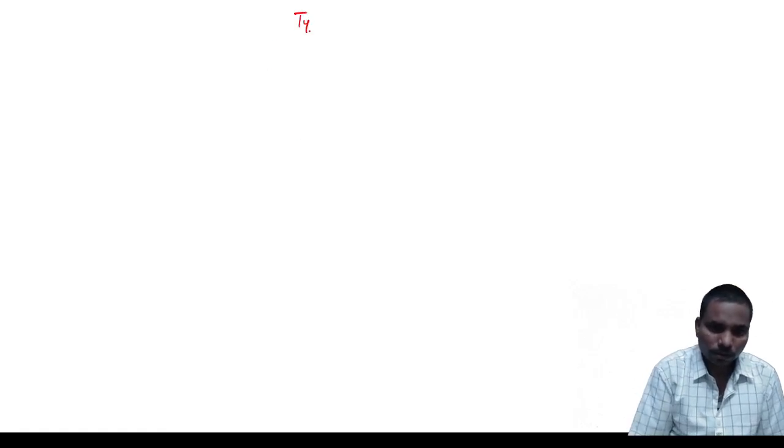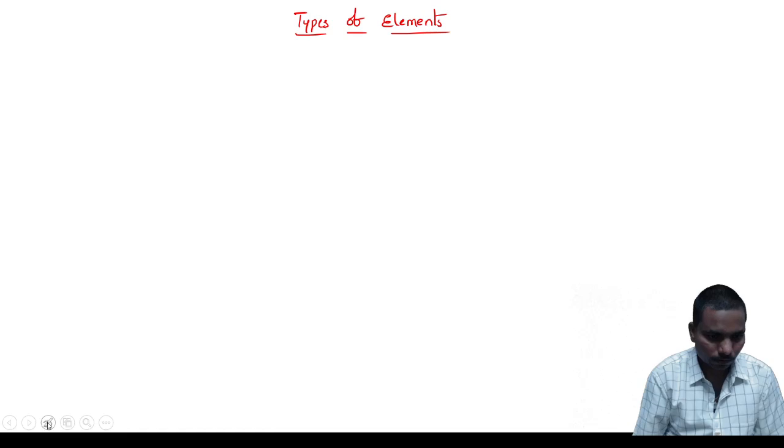Okay, now coming to types of elements. Note down the point, guys.